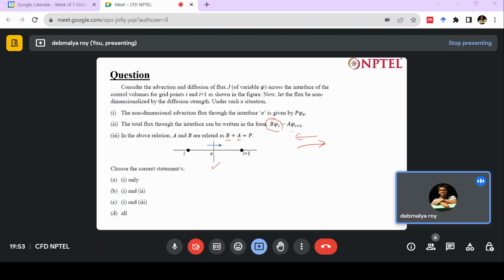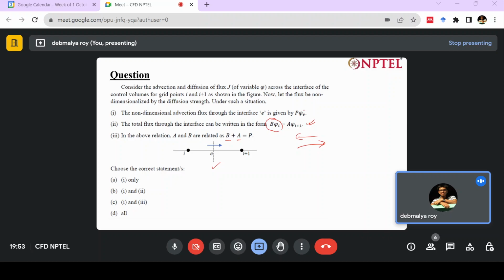So the total flux that we will have from this I to E, in the direction marked here in blue, would be B phi I minus A phi I plus 1. So this contains the contribution from both the sides.